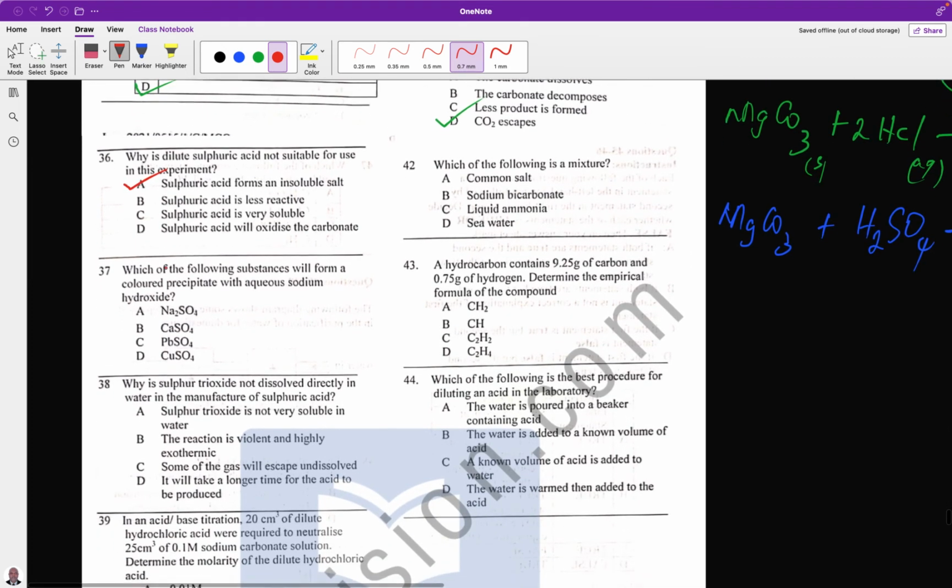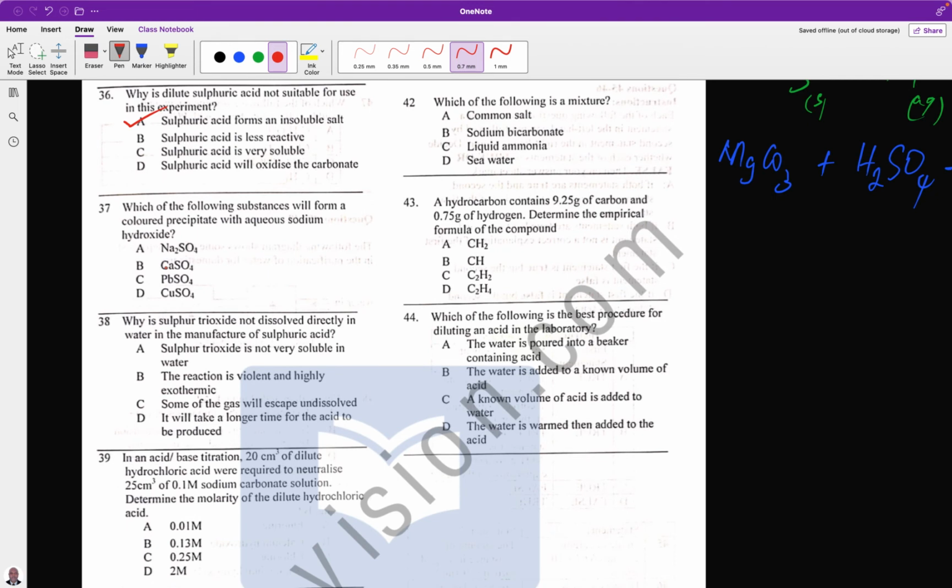Okay, 37. Which of the following substances will form a colored precipitate with aqueous sodium hydroxide? We have reactions with aqueous ammonia and aqueous sodium hydroxide.